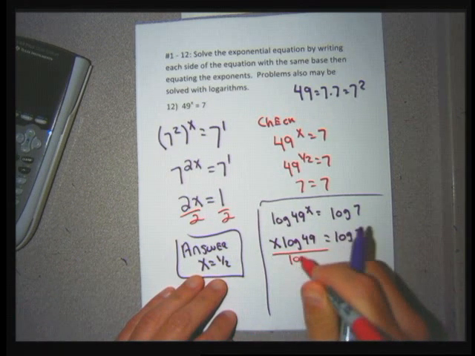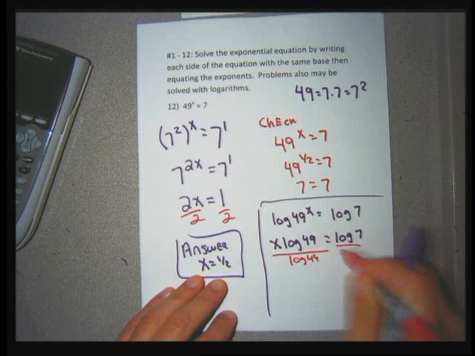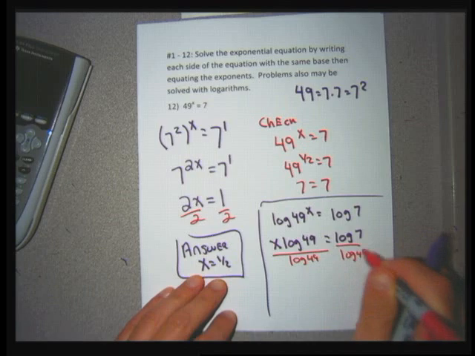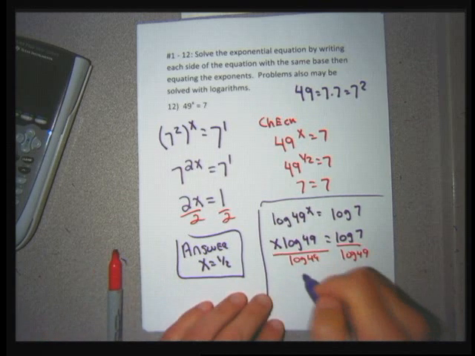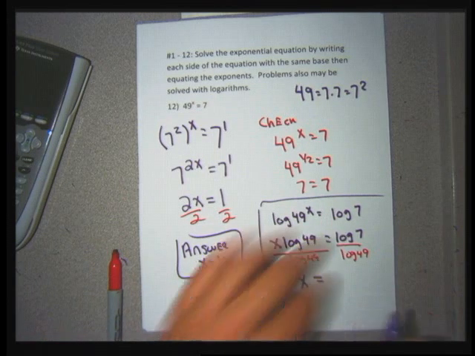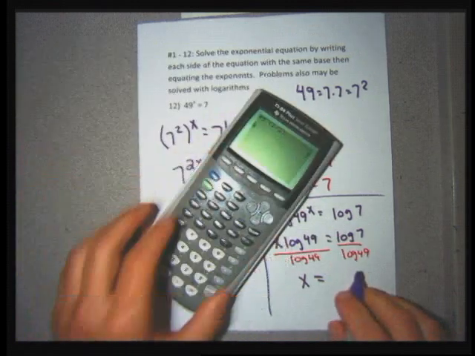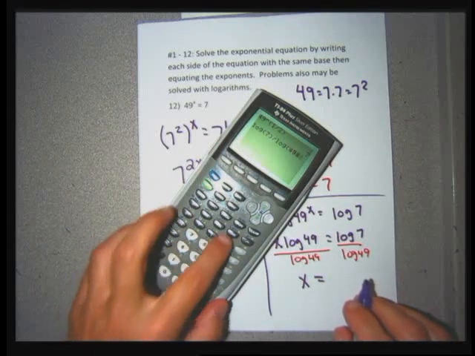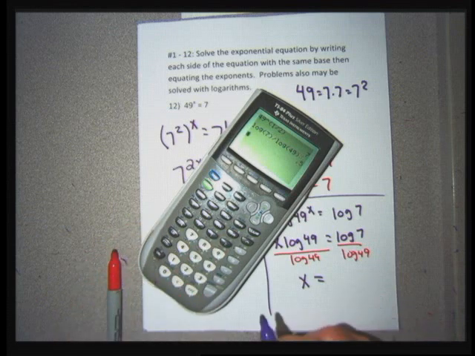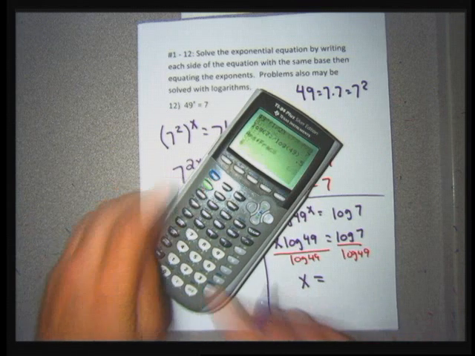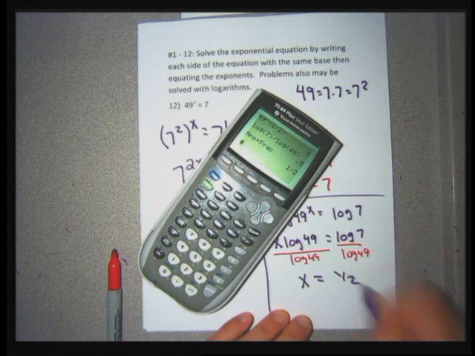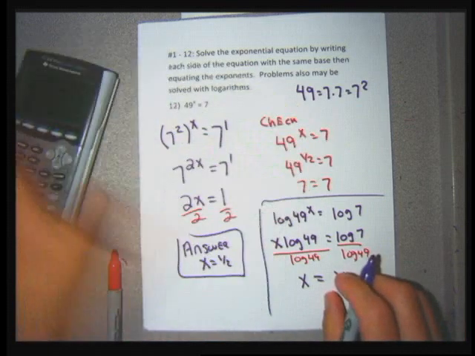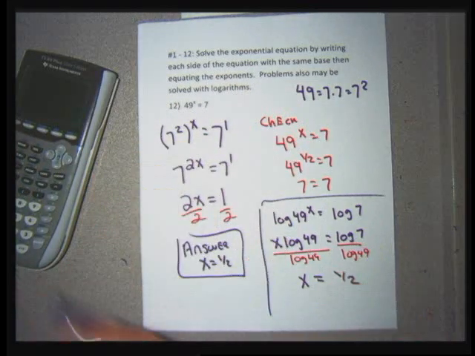Divide both sides by the log of 49. When you do that, you're going to get x equals on the left side. On the right side, I use my calculator to do log of 7 divided by log of 49. I get a decimal answer. I hit math and enter twice. Makes that answer into a fraction.